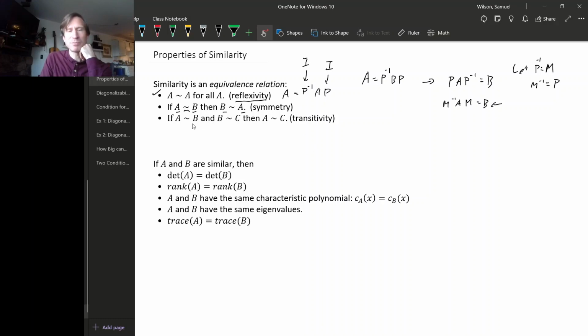And then the last property is transitivity. If A is similar to B and B is similar to C, then A is similar to C. This is also pretty straightforward.